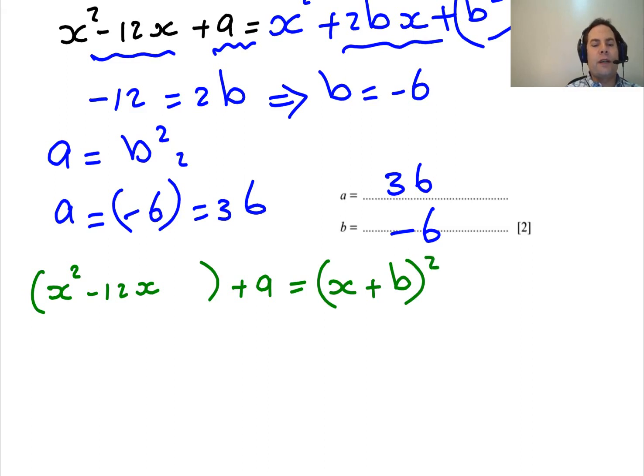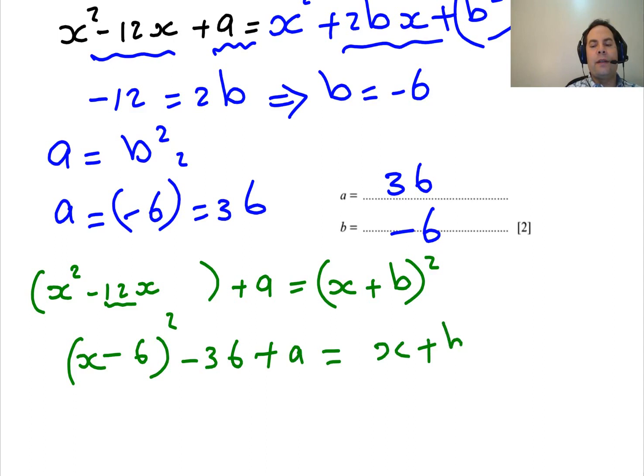To write it in completing square form, open a bracket all to the power of 2, the square root of x squared, which is x, write the sign of the middle term, which is negative, and divide the coefficient of x by 2 to get 6. This value, write it outside squared, and subtract 36. This is the completing square form of x squared minus 12x plus a is equal to x plus b all to the power of 2.